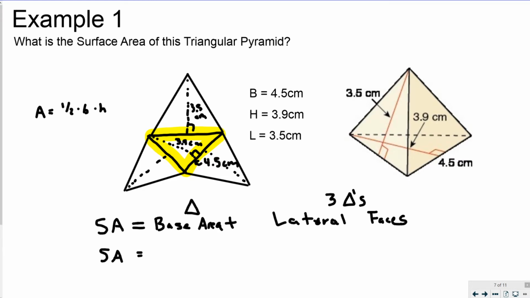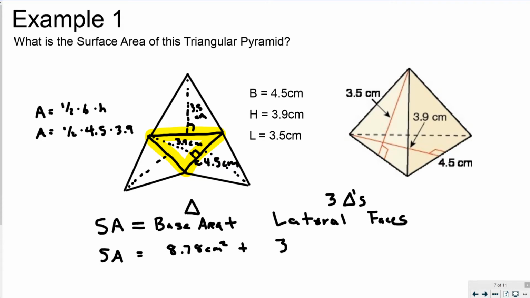If I substitute base and height in there, I get the area is equal to 1/2 times 4.5 times 3.9. Punching that into my calculator, the base area would be 8.78 centimeters squared when you round it to the nearest hundredth.